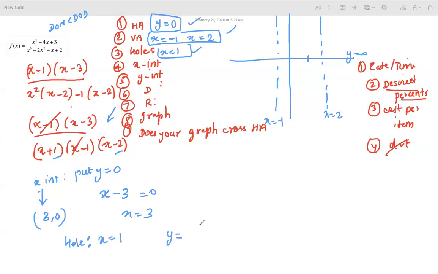What happens to y? 1 minus 4 times 1 plus 3 divided by 1 minus 2 minus 1 plus 2. Where is the hole, guys? 1 comma 1.